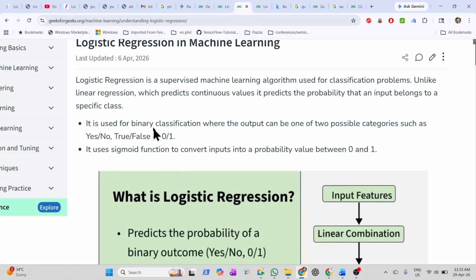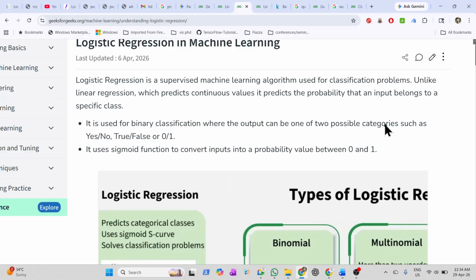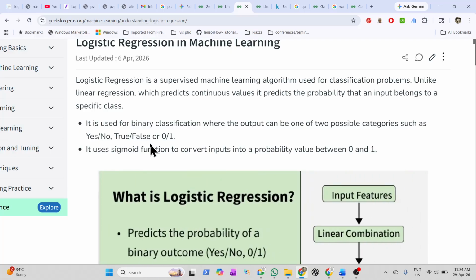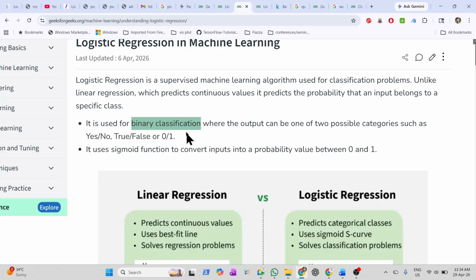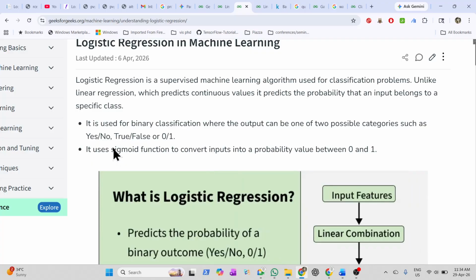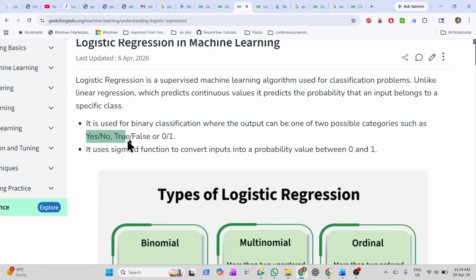It is used for binary classification where the output can be one of two possible categories. It can be yes, no, true, false, 0, 1. As we know, binary classification has only two classes. So logistic regression can be used for binary classification with two classes.